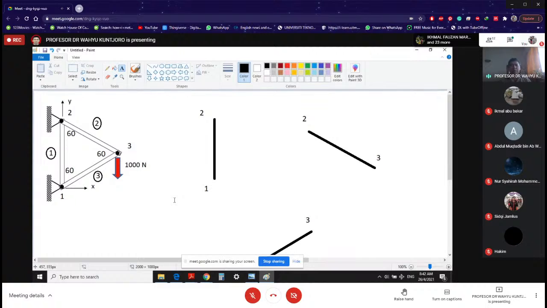Okay, so over here I'm going to show you for the 3 elements. So this is element number 1, and you know that is global axis x. As we talked about last week with the local axis, I suggest that the local axis is from the low node number to the higher node number.